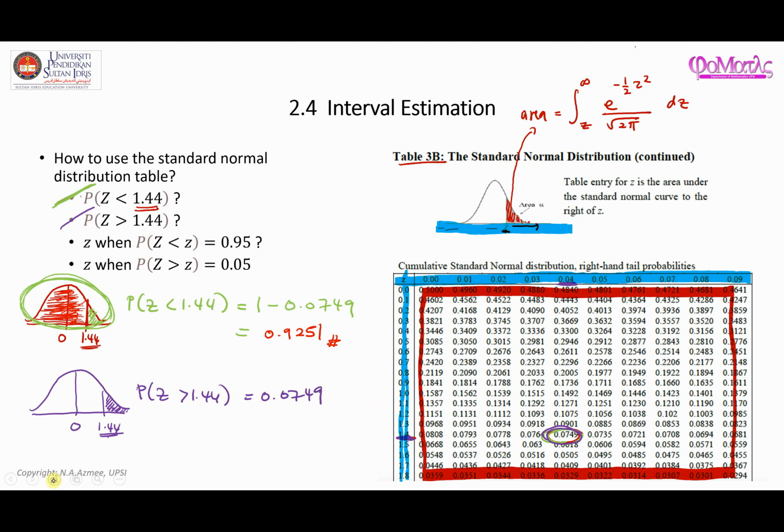Next, how about the third question? What is the value of z on the horizontal axis when the probability is 0.95?